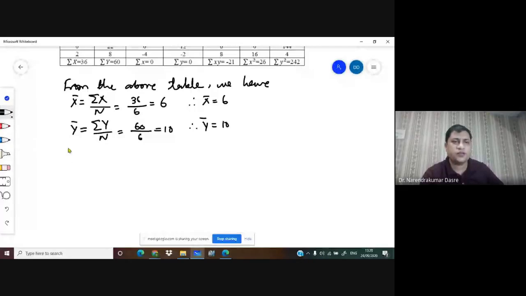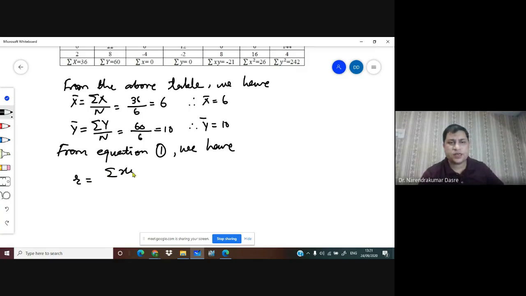So we can write from equation 1. See, R is given as summation xy upon square root of summation x square into square root of summation y square.